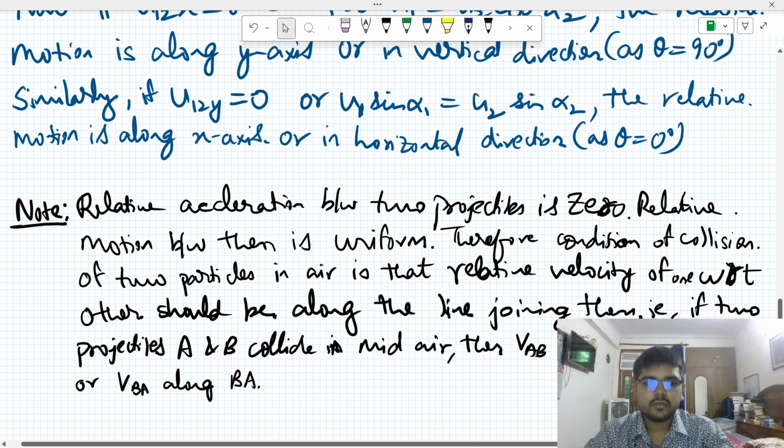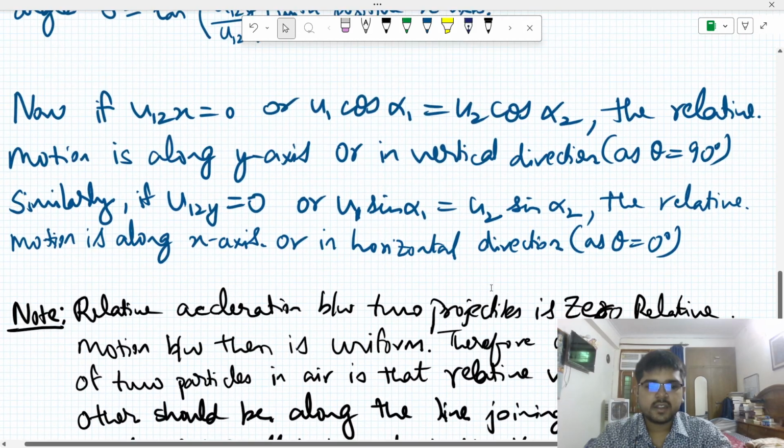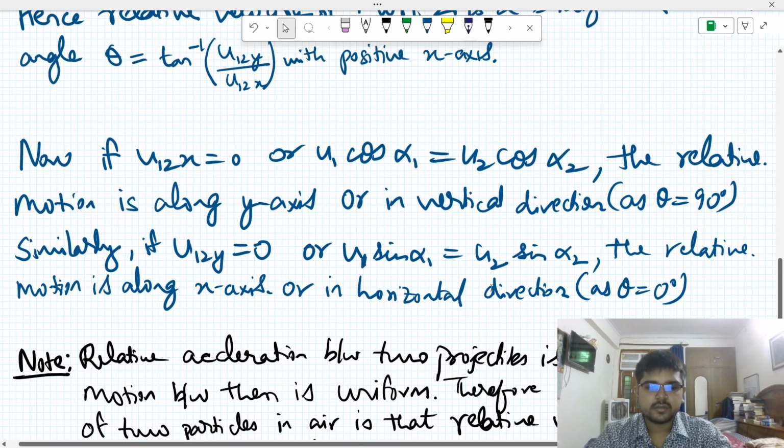That is, if the two projectiles A and B collide in mid-air, then VAB should be along AB, or VBA along BA. So that's the case with relative acceleration.